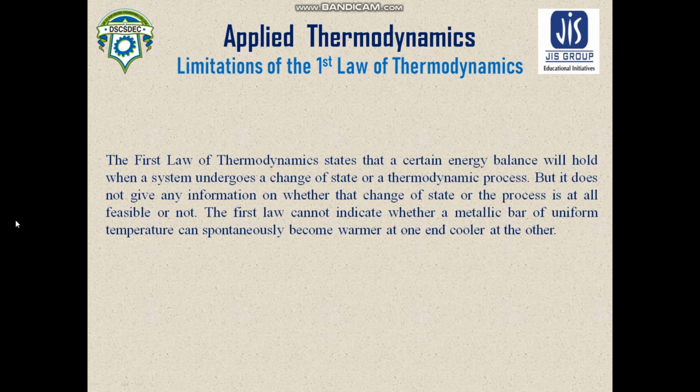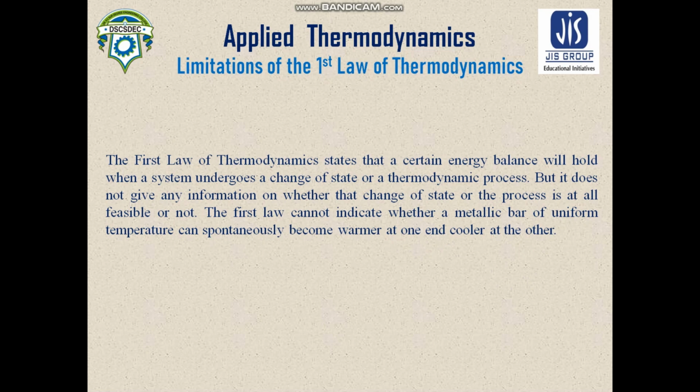Here an example is provided. The first law cannot indicate whether a metallic bar of uniform temperature can spontaneously become warmer at one end and cooler at the other. That means it is a hypothetical process.